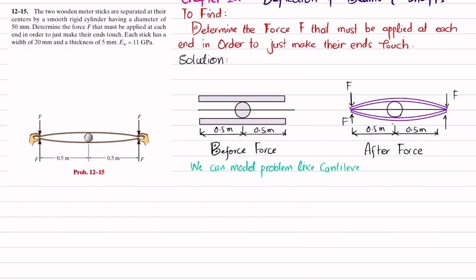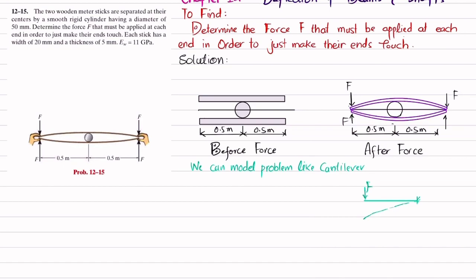If we draw it like this, this is the cantilever beam having a fixed support at this end, and a force F is applied, so it will deflect like this.